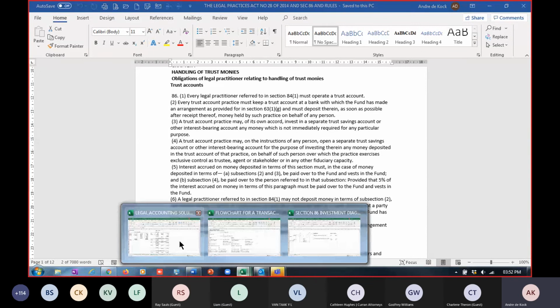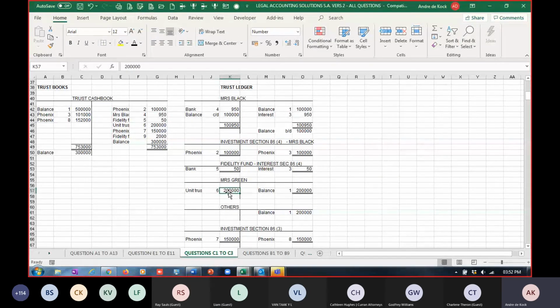Now, those unit trusts, in whose name are they? They're in the name of Mrs. Green. Have I got exclusive control? No, because Mrs. Green can go down to the unit trust people and say, pay it out. She doesn't need me. That is why it's no longer trust money. So the only trust money we are still holding is Mrs. Black's 100 and the others 200, which totals up to the 300. Okay, that's what I thought.